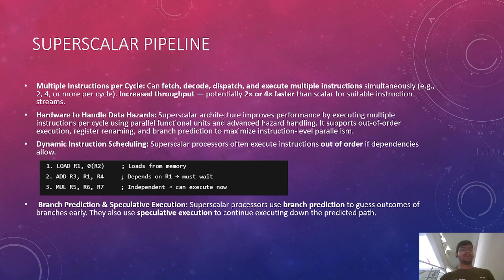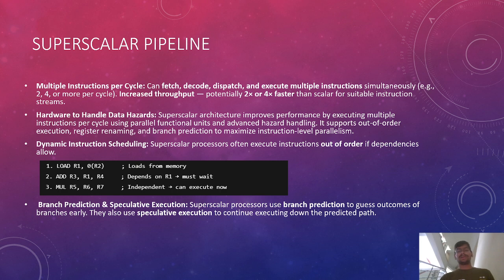Now, dynamic instruction scheduling. Superscalar processors often execute instructions out of order if dependencies allow. For example, where we have to load something from memory that depends on R1, it either waits or executes the other statement. Now, branch prediction and speculative execution.